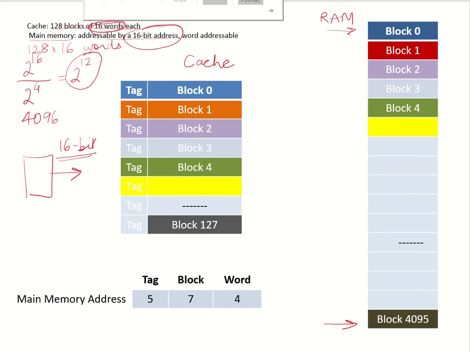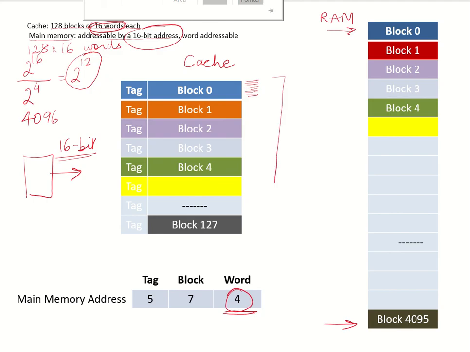So the low order 4 bits will be required to access any particular word within this block. For any block that we are referring to, which word within that block is required will be referred to by the low order 4 bits of this address.